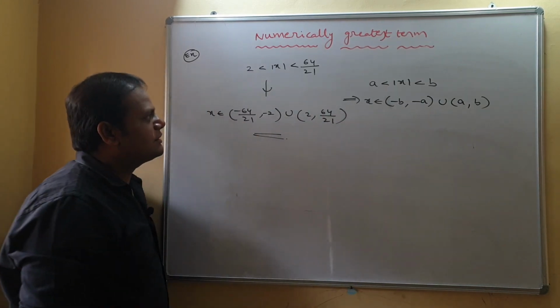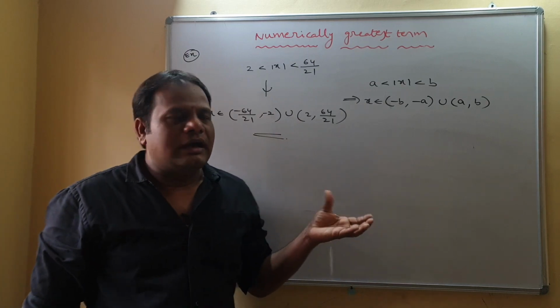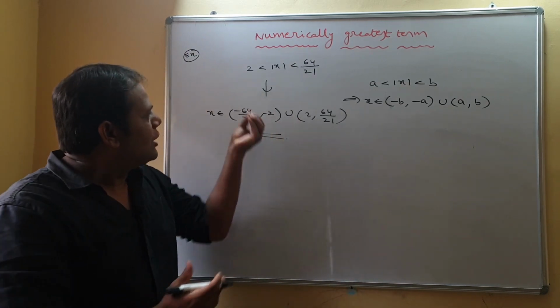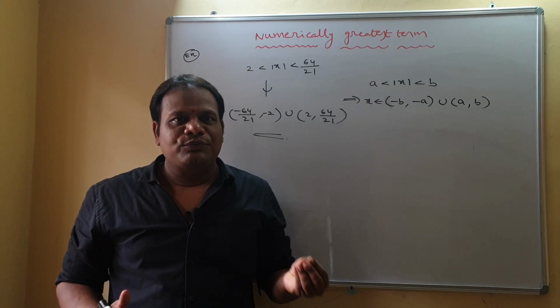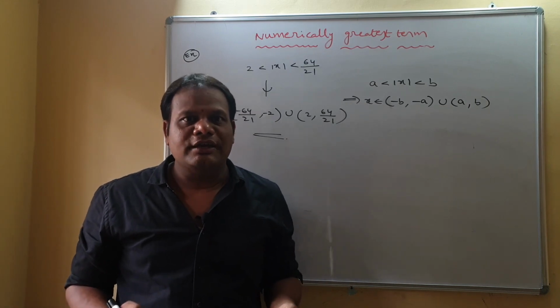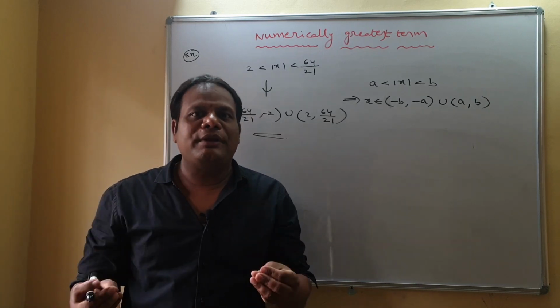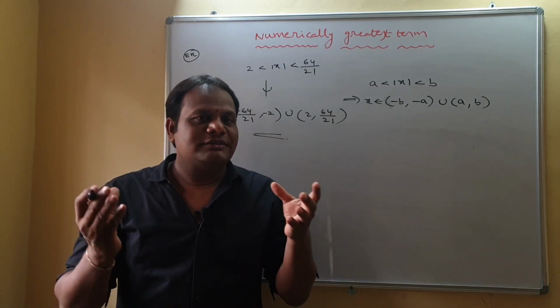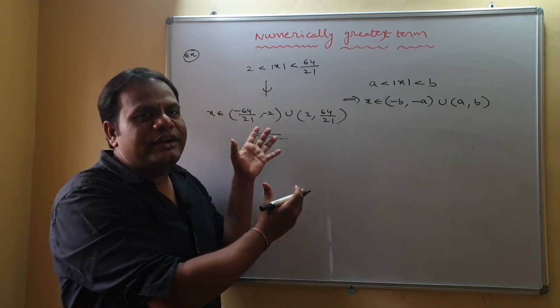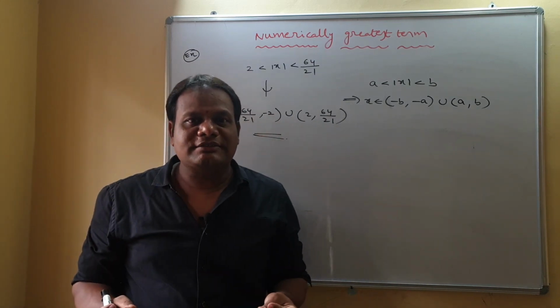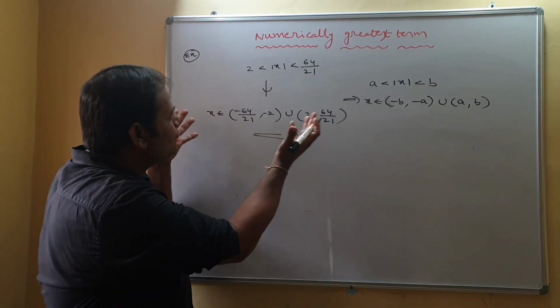This is the answer to this problem. Already I explained how to deal with inequations in my first videos. Okay, if you haven't seen that, once you go through the playlist and watch the video on how to simplify inequations, then you can understand how to get this.